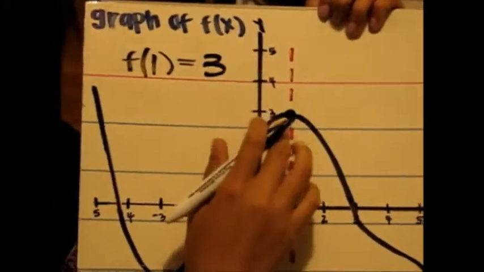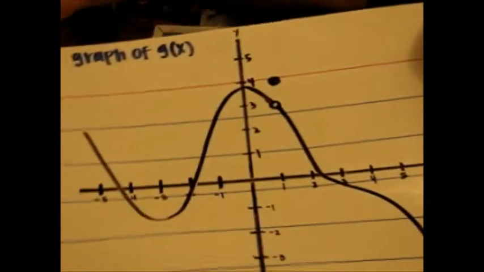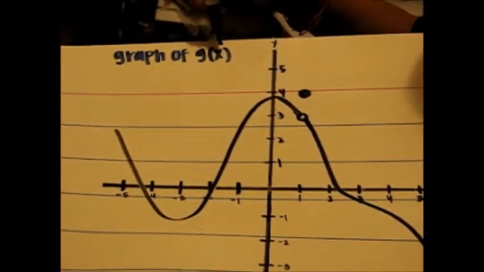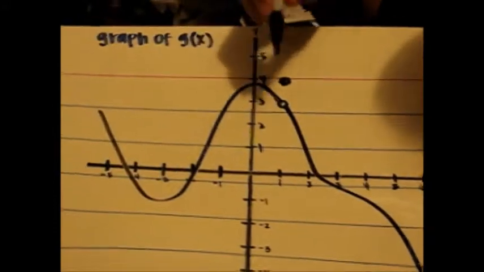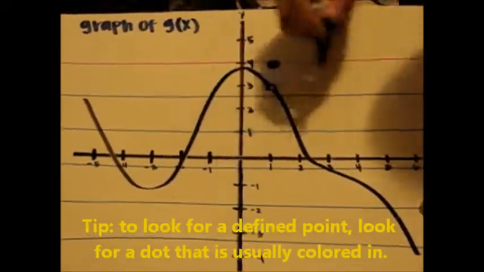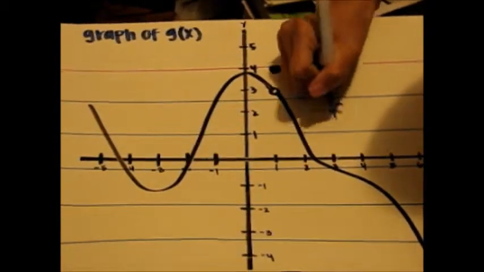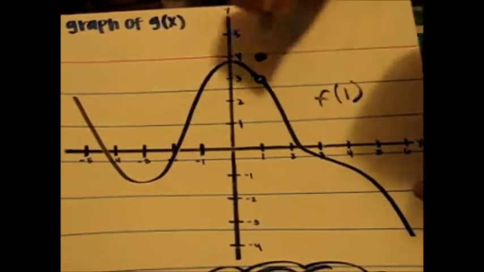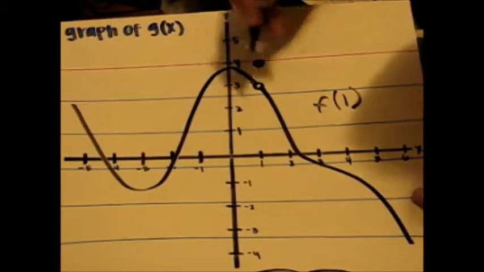In the second example, this is the graph of, let's call it g of x. In this graph, the defined point at f of 1 is 4.